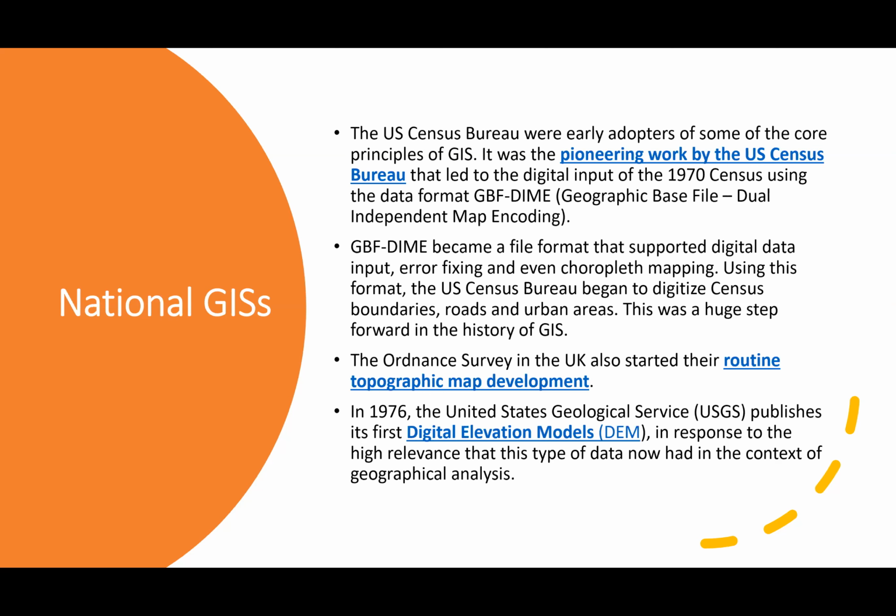And in 1976, the USGS publishes its first digital elevation model, and that is a computer map with relief, so 3D, in response to the high relevance that this type of data now had in the context of geographical analysis. We wanted to measure the depths. So think back to when we were talking about horizontal datums and vertical datums. The digital elevation model adopts a vertical datum as well.